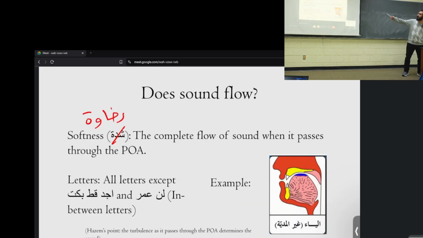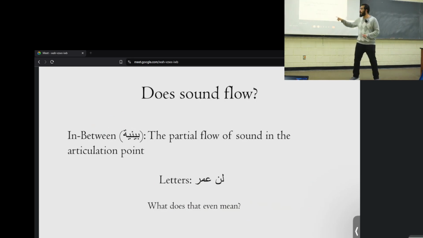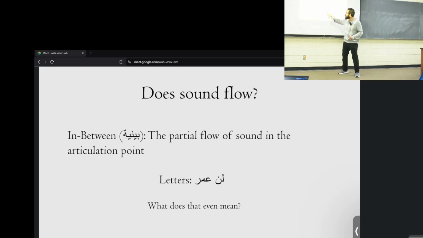And then we have letters that flow. And then we talked about letters that have partial flow and gave an explanation. Here's the thing. This part, I spent a lot of time on. This is one of the harder parts. But you don't fully need to understand it, except in the fact that in between letters take shorter time when you make sukoon. That's it.